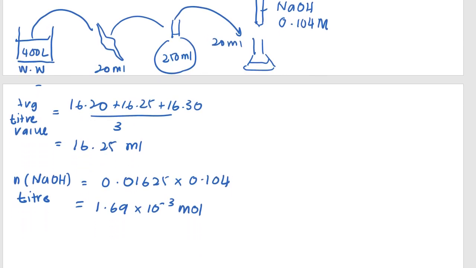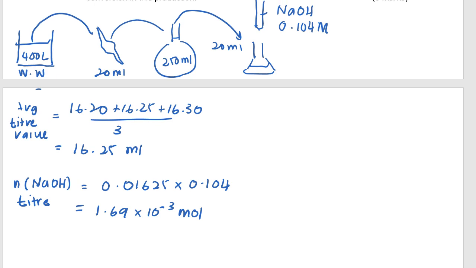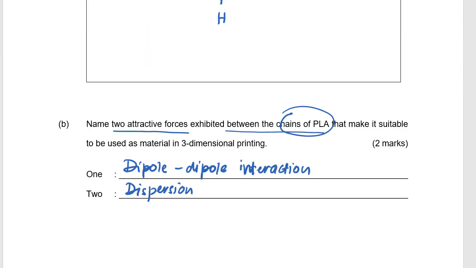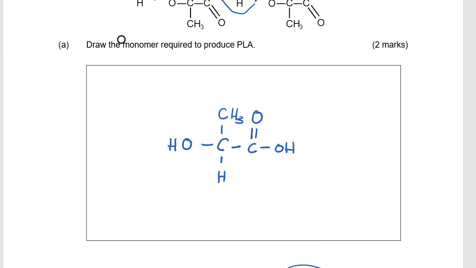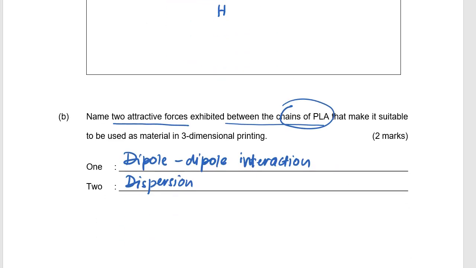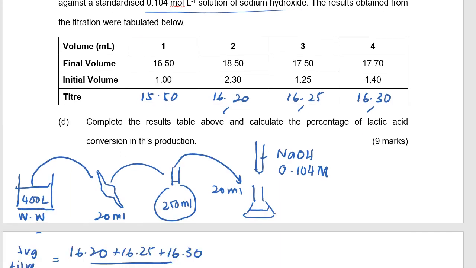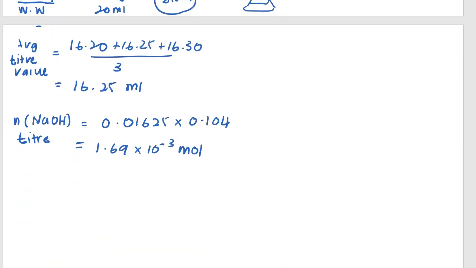Next, once you have your sodium hydroxide moles, you have to identify how many moles of lactic acid reacted with the sodium hydroxide. How do you do that? Is your lactic acid a monoprotic, diprotic, or triprotic acid? You have to go back to your monomer. As you can see, you only have one carboxyl group, and each carboxyl group donates 1 H. So lactic acid here is a monoprotic acid, so it's very easy.